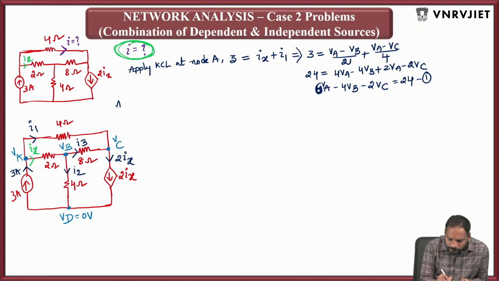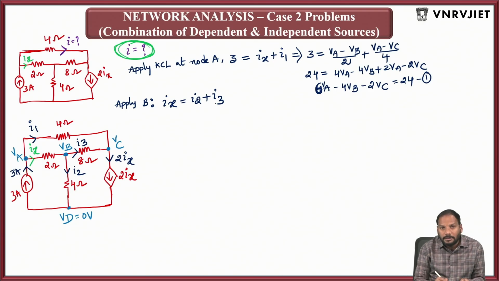So applying KCL at node B. That means Ix is the entering current, equal to I2 plus I3 the leaving currents. Now what is the value of Ix?